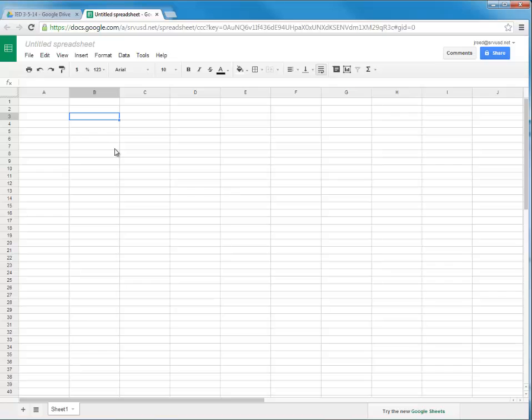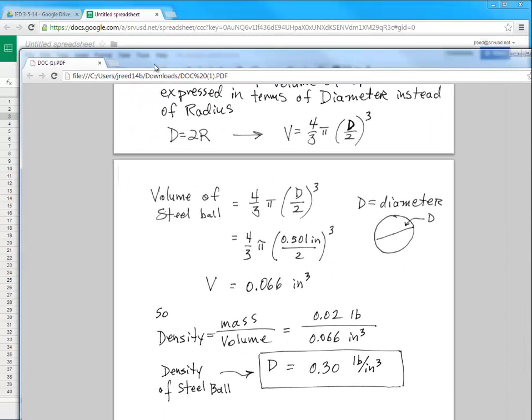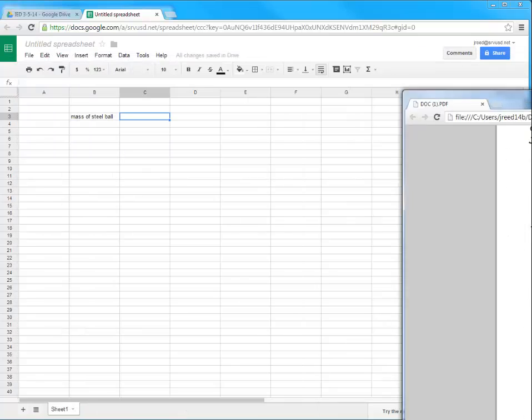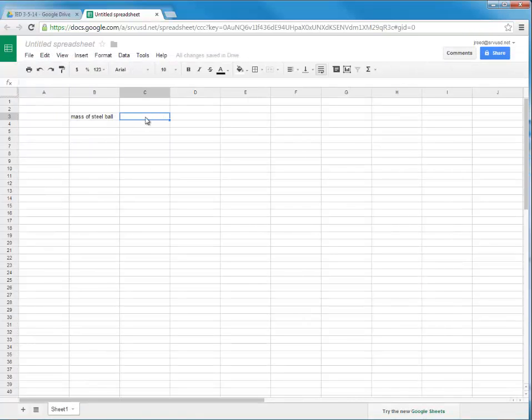I'm going to put mass of steel ball here, and then I'm going to put its actual value. If you'll recall, that value is determined by our actual measurement, and we got 0.02 pounds. So we're going to put 0.02 right into this cell here, and we're going to put the unit here. Now we've got our data right there.